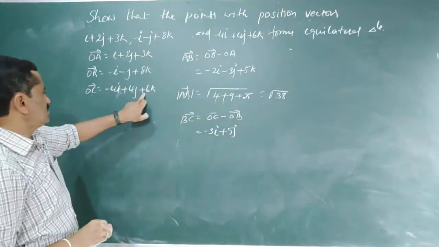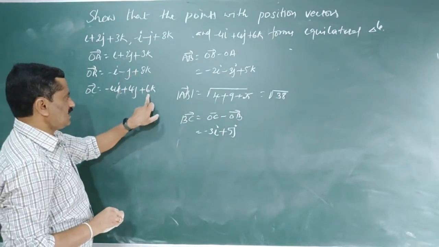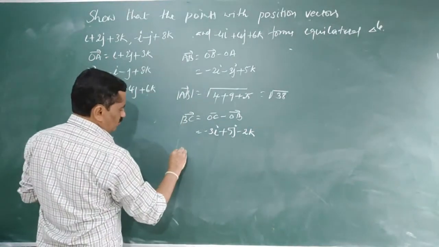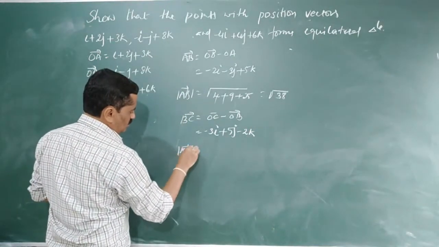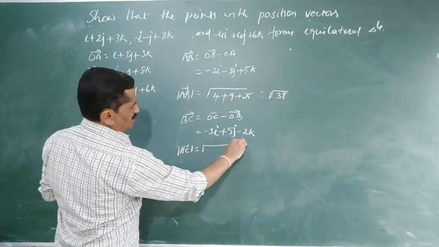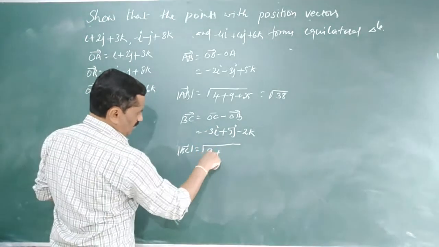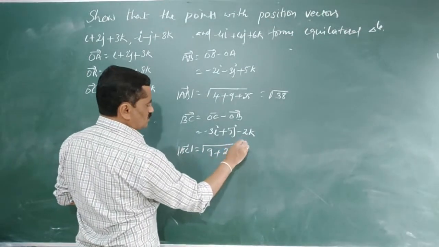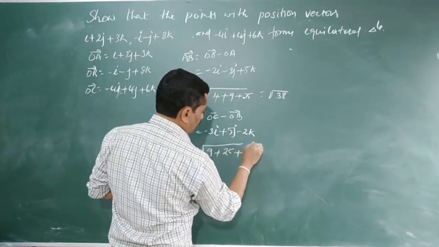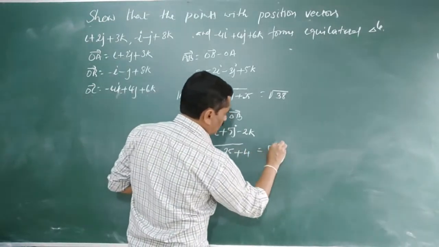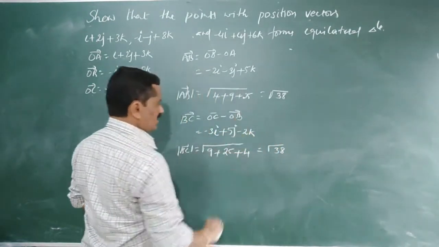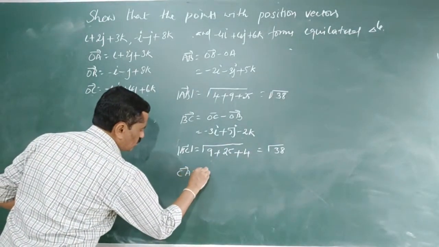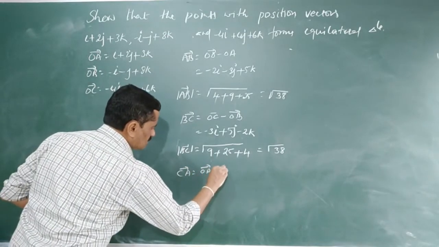Again 6 minus 8, we have minus 2k. Similarly, we need to find the magnitude of BC bar, that is equal to the square root of minus 3 whole square, 9, plus 5 whole square, 25, plus minus 2 whole square, 4. That is equal to root 38. Next we have to find CA bar. CA bar is equal to OA bar minus OC bar.